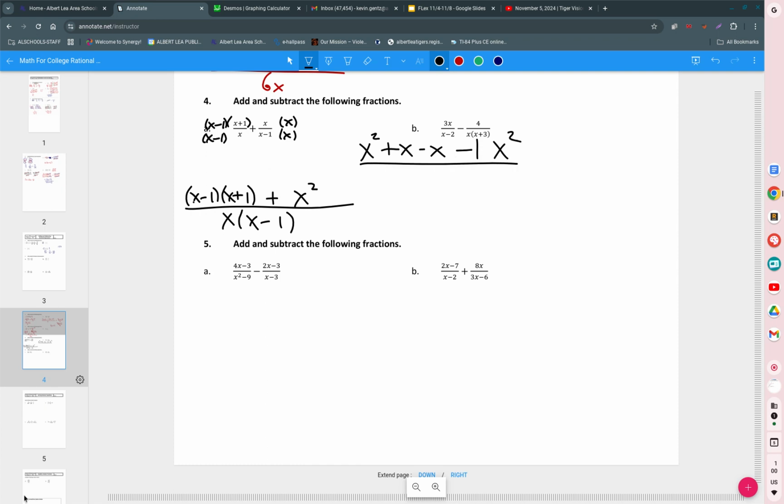And that all sits over x times x minus 1. Notice in this situation that the x and the negative x do cancel. I forgot about that plus x squared, excuse me. And then x squared and x squared make 2x squared.